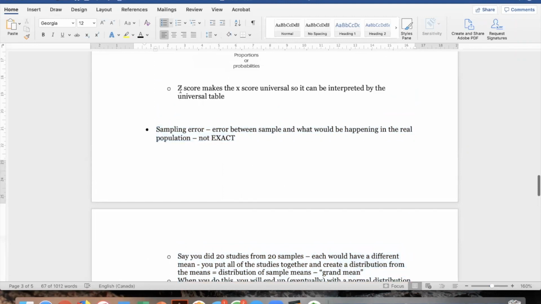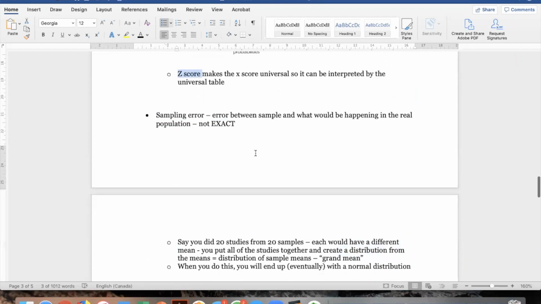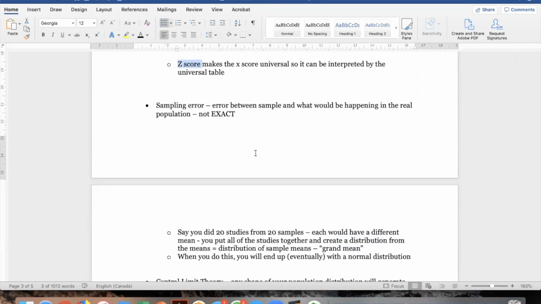Where the z-score comes in makes much more sense to talk about it here, because let's say you have 50 different studies on whether or not vaccines cause autism, but they used different ways of measuring that. So how do you compare them?